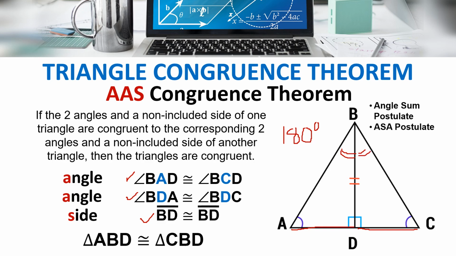So, add lang natin yung dalawang given angles, tapos yung sum nun, minus natin sa 180 degrees. Makukuha na natin yung sukat ng ikatlong angle. So, dahil pareho to, di ba? Angle BAD is the same as the measurement of angle BCD. Ganun din naman, parehong 90 degrees yung angle BDA and angle BDC.